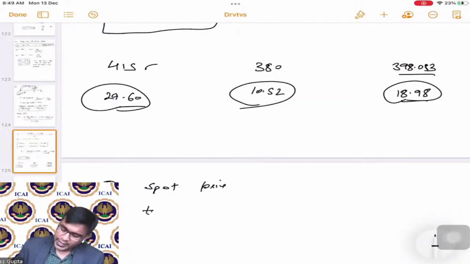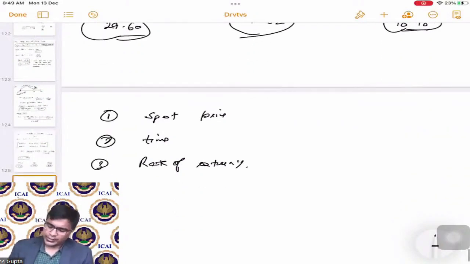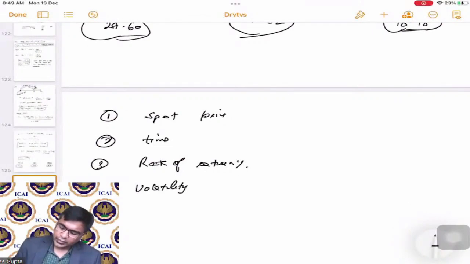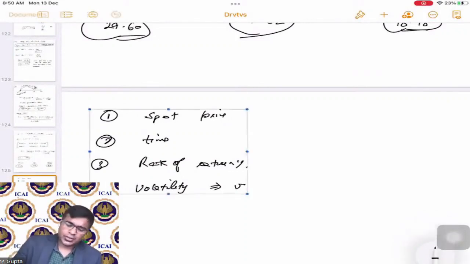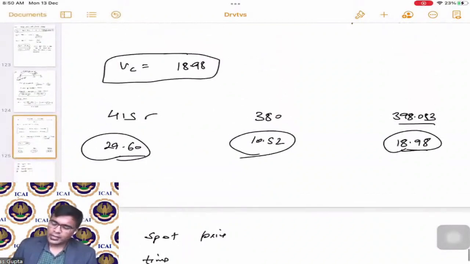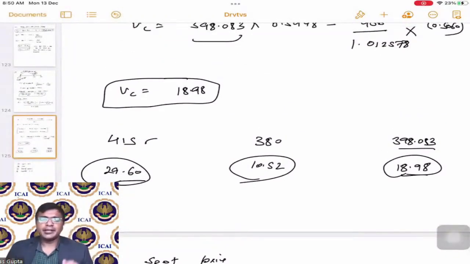Second is time. Third is rate of return, percentage. Fourth is volatility, which is equal to V. Correct? So these are the factors that actually change. If these change, the valuation will also change. Correct, students? So with this, we have completed question number 23.